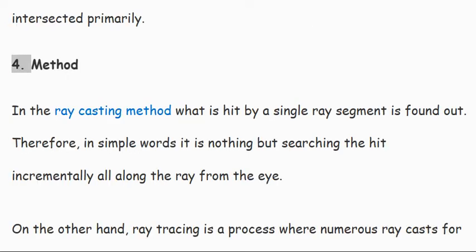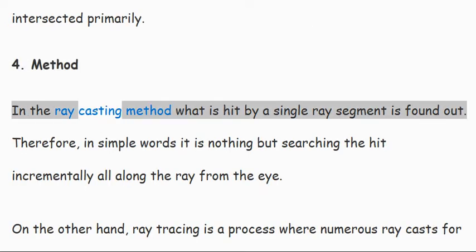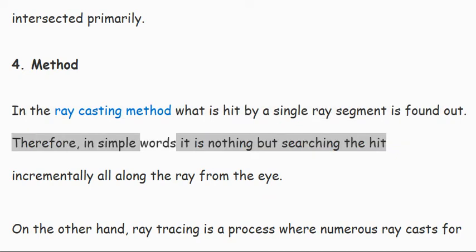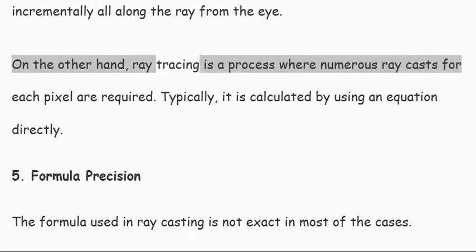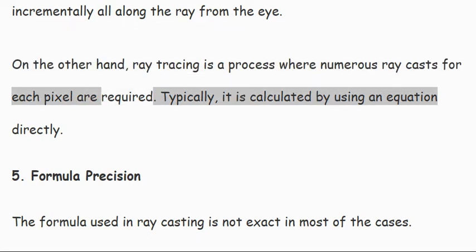4. Method. In the ray casting method, what is hit by a single ray segment is found out. Therefore, in simple words, it is nothing but searching the hit incrementally all along the ray from the eye. On the other hand, ray tracing is a process where numerous ray casts for each pixel are required. Typically, it is calculated by using an equation directly. 5.